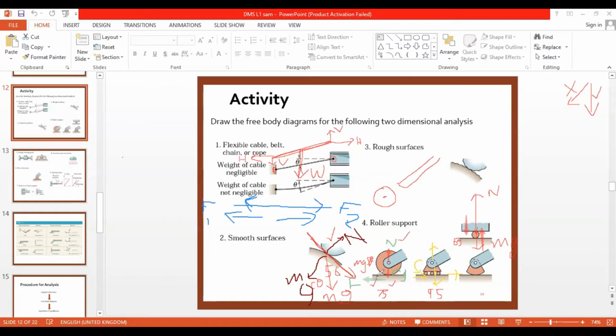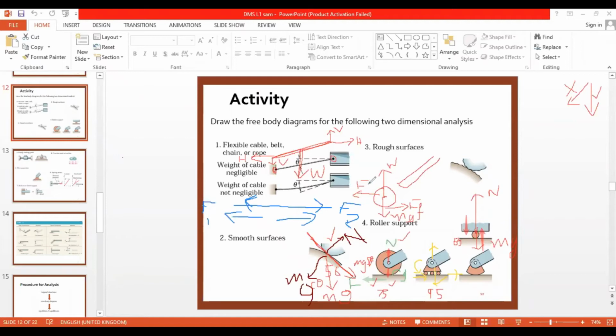Now if I apply the free body diagram for the particular body, this body, it will have some weight and there will be a normal reaction from the ground. So this is the normal reaction and this is the weight, and if it is moving that way, there will be a frictional force this way. And since I am applying some force this way, there will be a force.